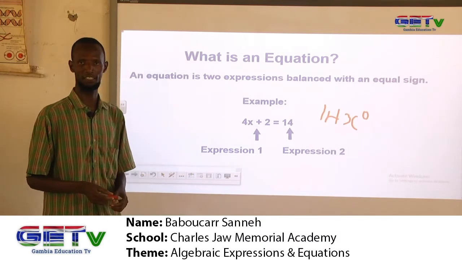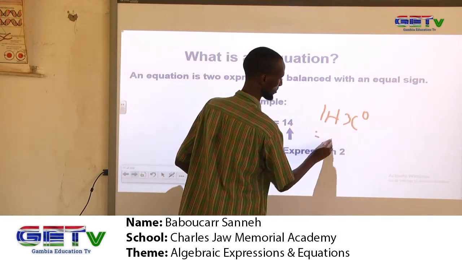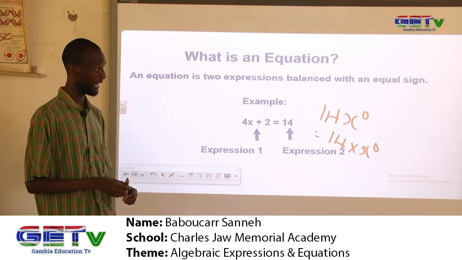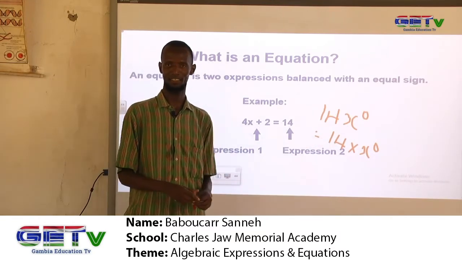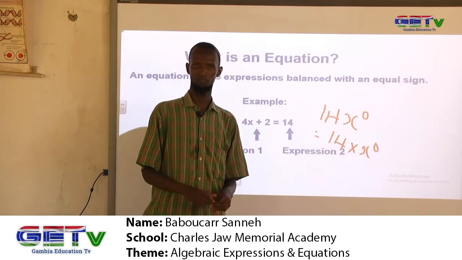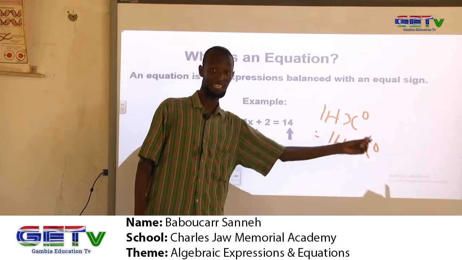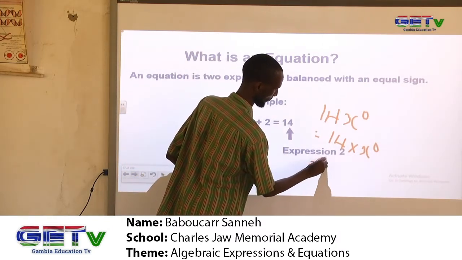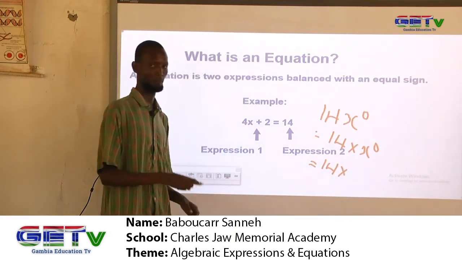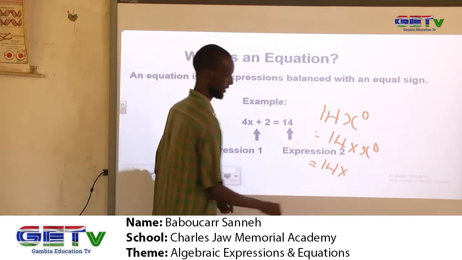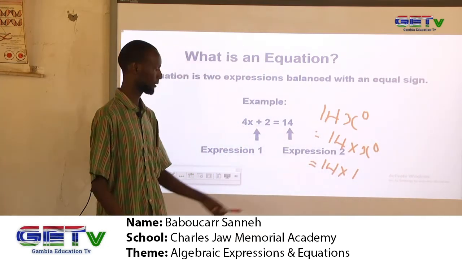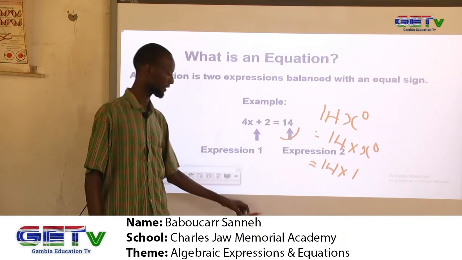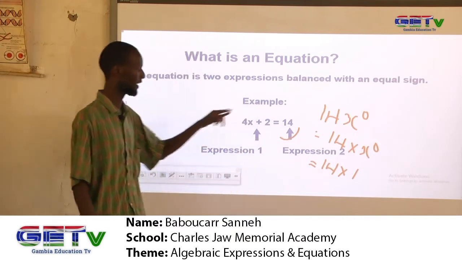Now, you have a number there, you have a variable as well, and also you have an operation. So it is clearly now an expression. If you simplify this, we know from our indices that x to the power 0 is 1. And if you multiply 14 by 1, you get back to your 14. So that 14 is clearly an expression. So this qualifies as an equation, therefore.